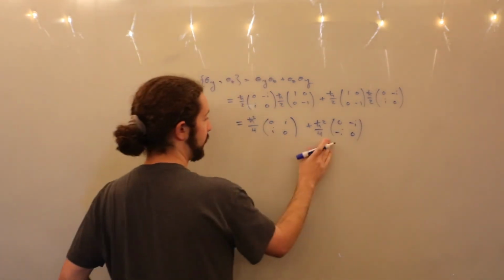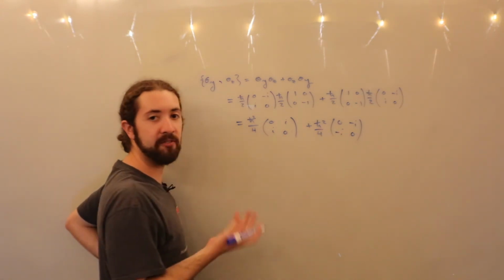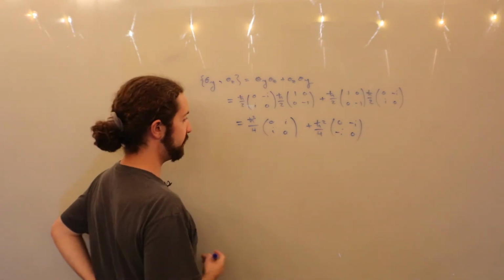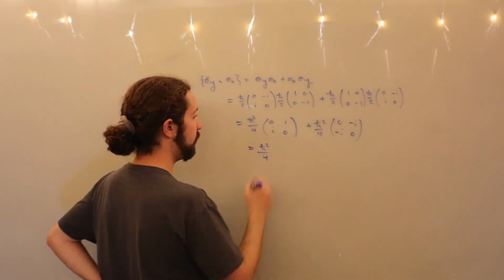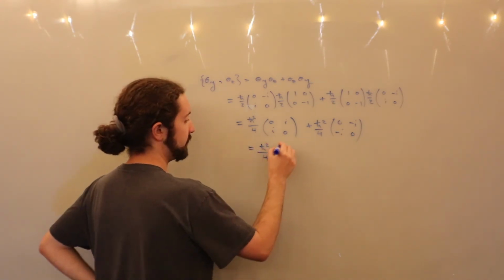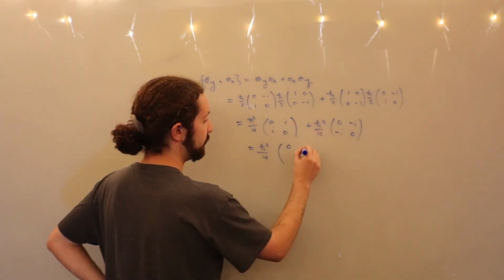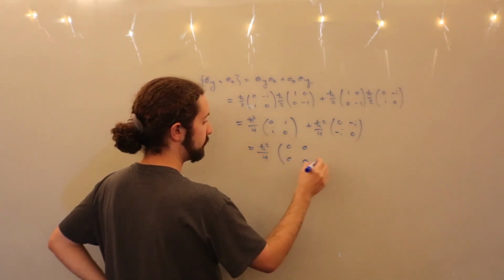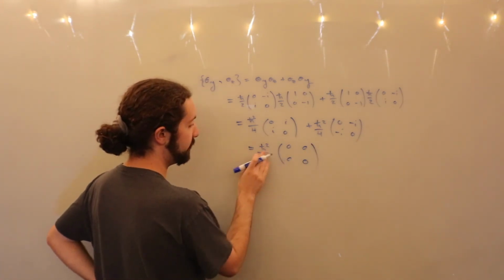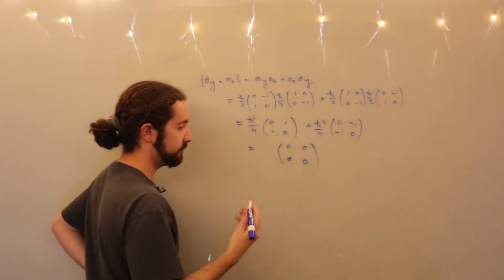All right, and since the constants are the same out front, it doesn't matter whether we distribute them before or after we add, right? That's the distributive property. So this is going to be equal to h bar squared over 4 times 0 plus 0 is 0, i plus negative i is 0, i plus negative i is 0, and etc. And we can distribute this in, and it will still be the 0 matrix, right?